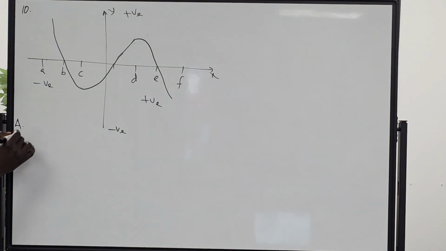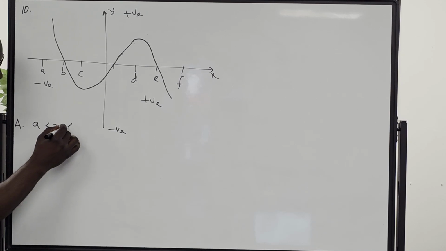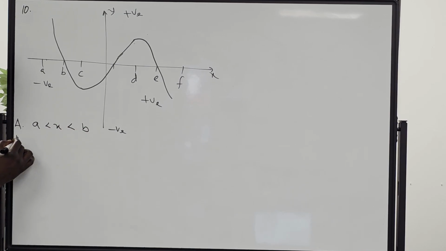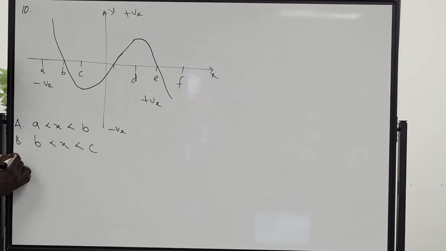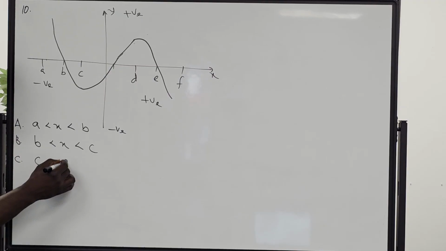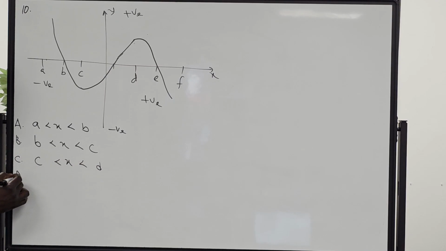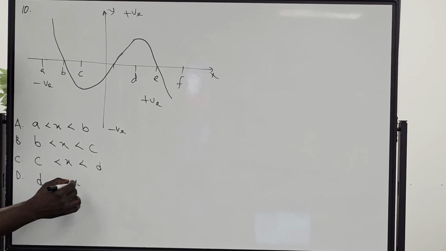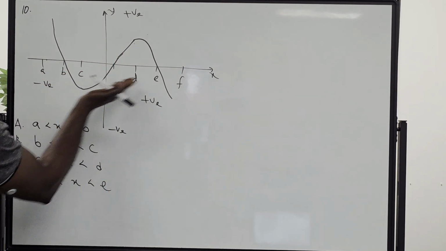Option A is A less than X less than B. Option B says B is less than X less than C. Option C says C is less than X less than D. And option D says D is less than X less than E. So X is going up this way.